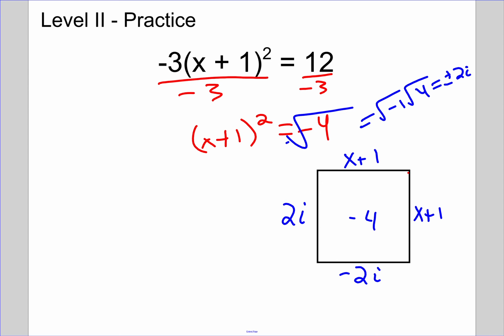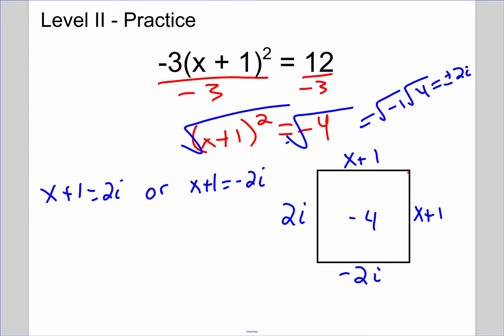So then we have our two equations: x plus 1 equals positive 2i, or x plus 1 equals negative 2i. Subtracting 1 in each case, we get x equals negative 1 plus 2i, or x equals negative 1 minus 2i.